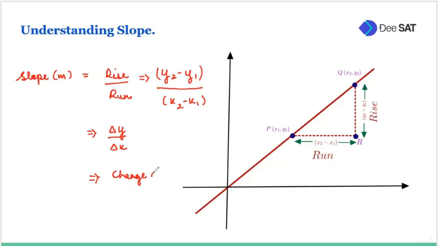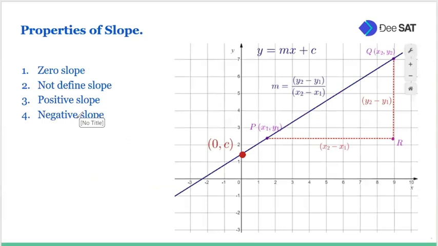Change in y over change in x. So always understand this. The slope is basically change in y over change in x. Moving ahead towards the properties of the slope, we need to understand all about the zero slope, undefined slope, positive slope, and negative slope, what they are, and what their specific properties are.